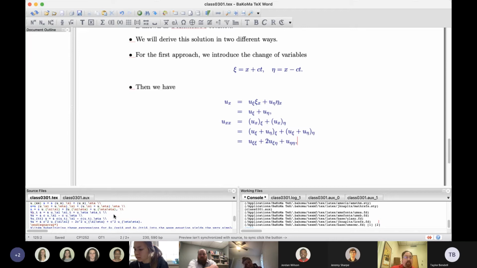Now I want to do the same thing with the udt. So I use the same kind of chain rule expression. And then derivative of xc with respect to t is going to be c. And derivative of eta with respect to t is going to be minus c. So I fill that in there.